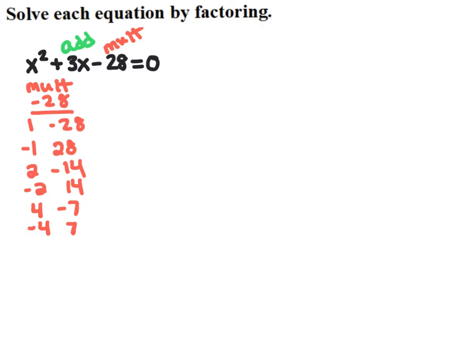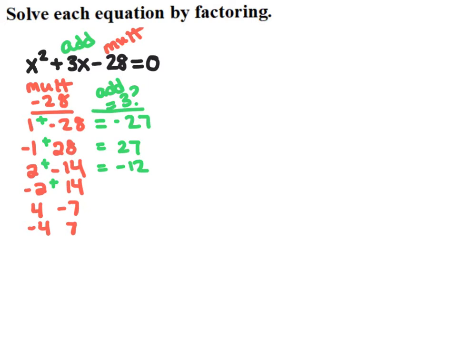Now if we want to check to see which set adds to equal 3, we have to add each pair. 1 and negative 28 gives negative 27. Negative 1 and 28 gives positive 27. 2 and negative 14 gives negative 12.